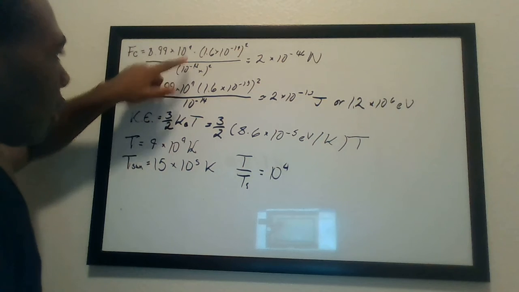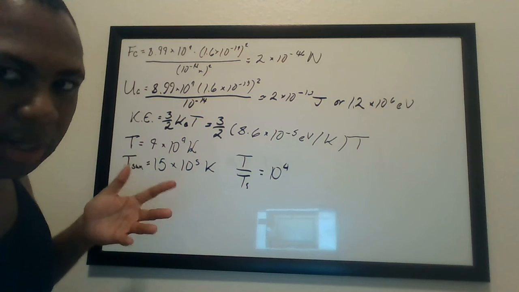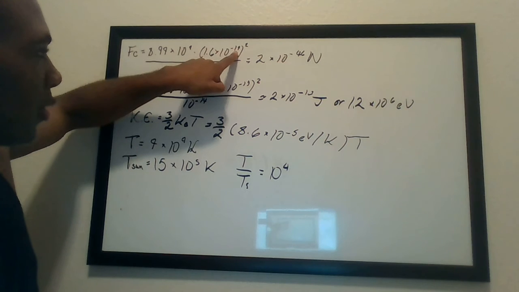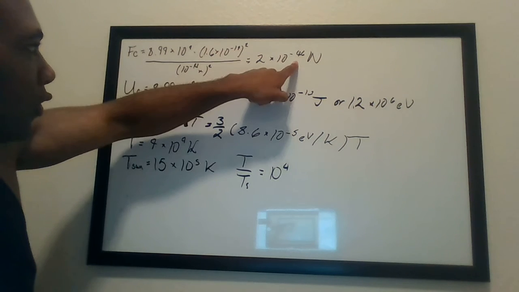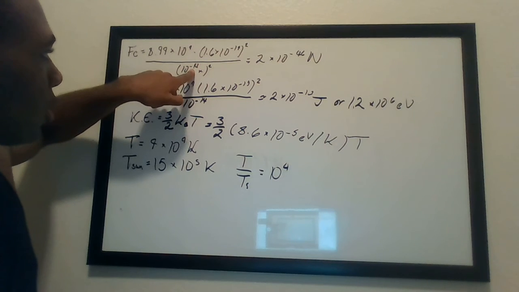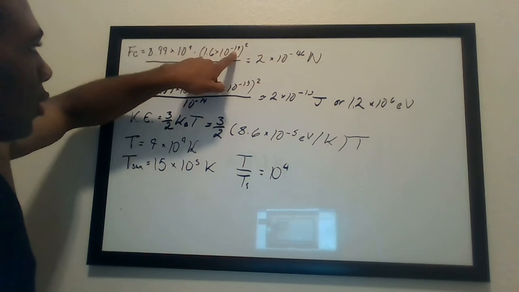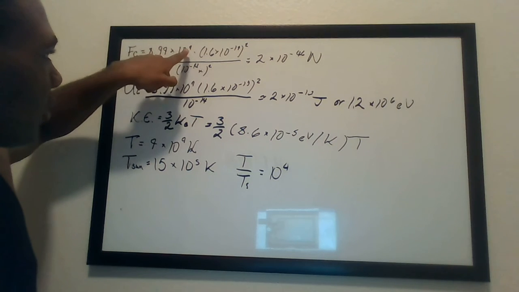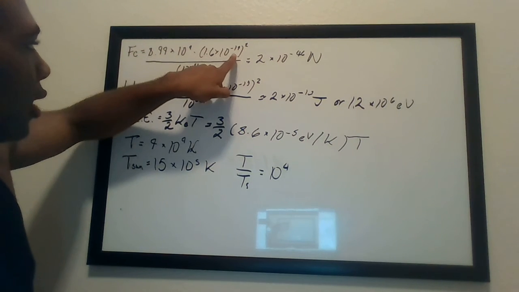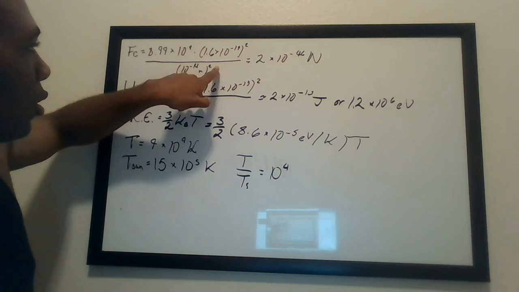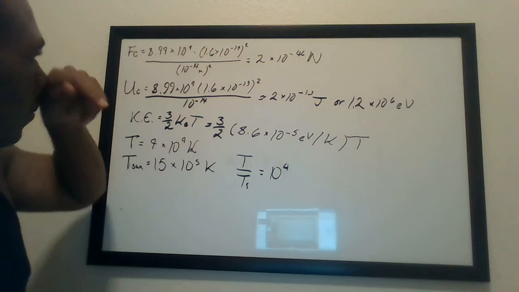8.99, 10 to the 9th. That looks about right. Because this has to be extremely small. It's 10 to the minus 38, and then this is small. This is 10 to the minus 28. 10 to the 38. This is more. This is something like 10 to the 10. 10 to the 28. So how is this 10 to the 46?